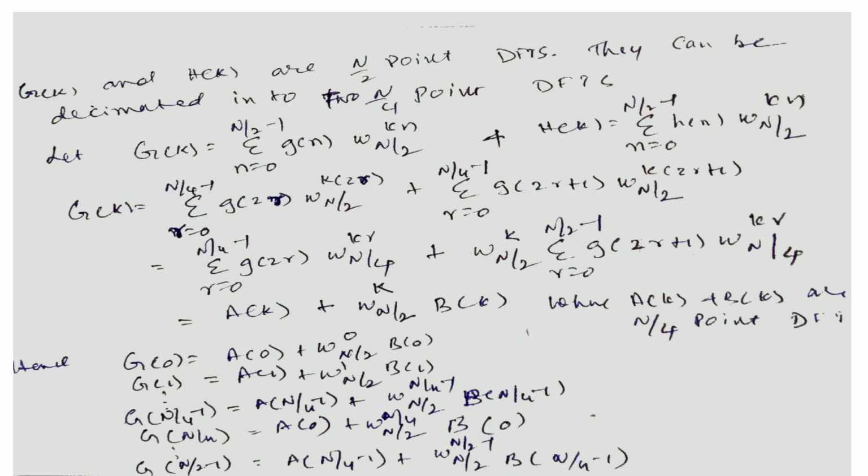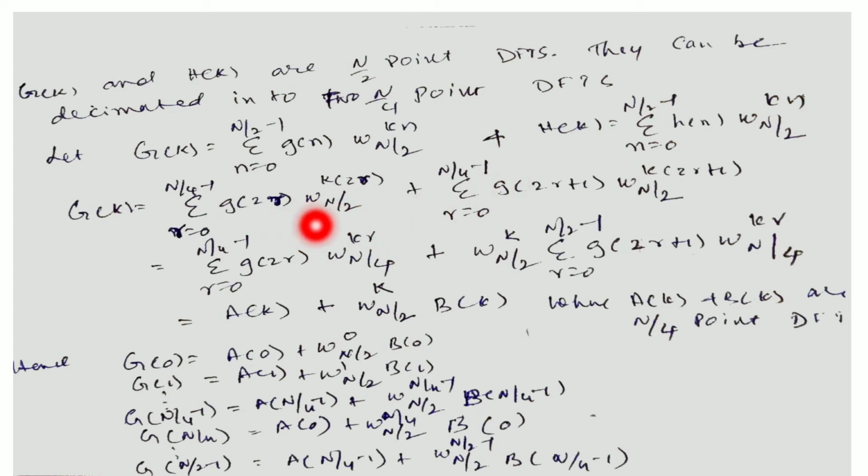Now, this g of k, which is a n by 2 point DFT, again is further decimated into two n by 4 point DFTs. So the first one consists of the DFT of the even indexed values of g of n, and the second one consists of odd indexed values of your g of n.